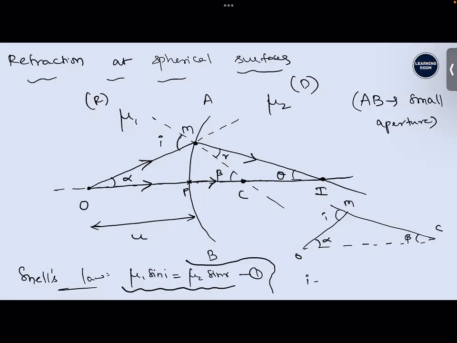I will be equal to alpha plus beta. Let this be equation number 1. Why? Exterior angle is equal to sum of opposite interior angles.